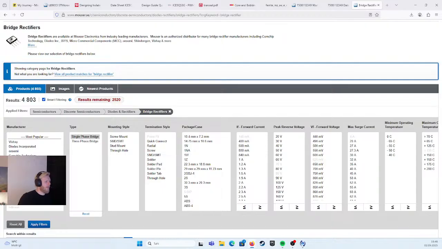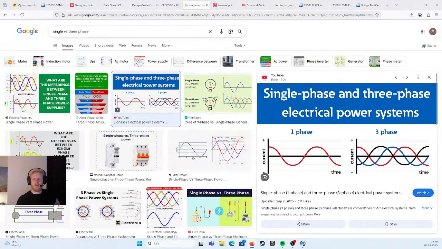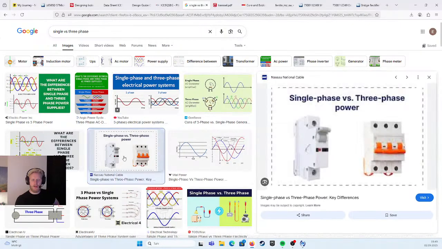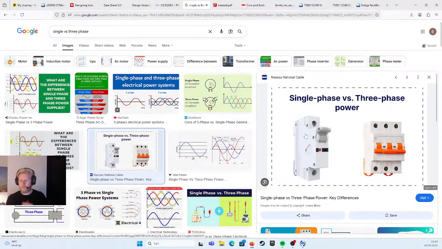So you got the single phase and a 3-phase. So basically like this.